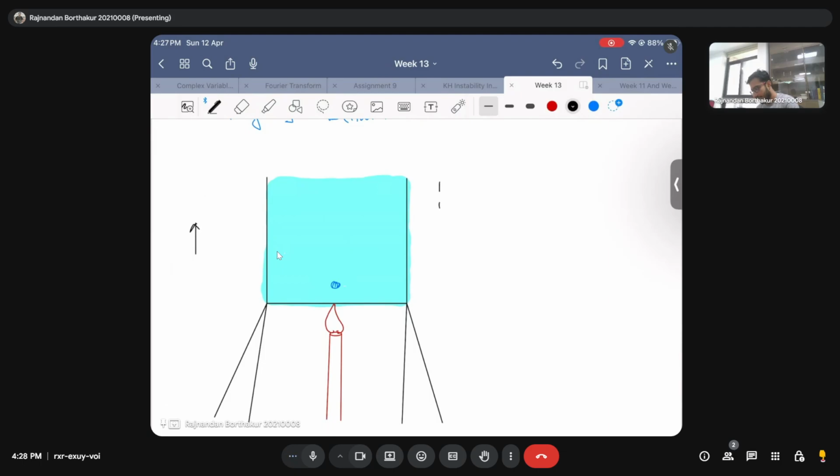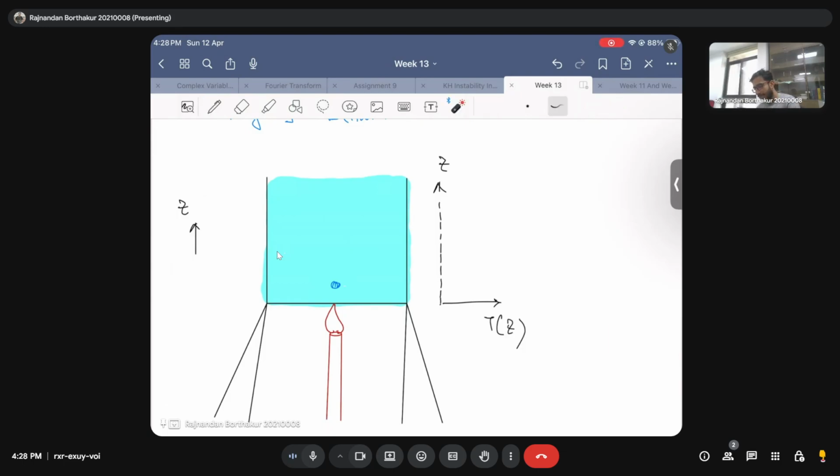Let's say this axis is my z axis, and the other axis you can consider in x or y, that doesn't matter here. Now if I pick a fluid element and plot the temperature distribution as a function of z, I'm plotting T(z) versus z.